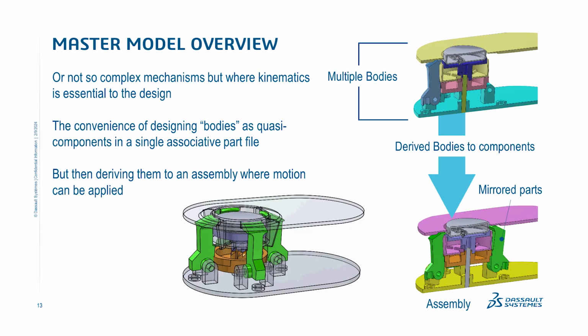I really love master model for complex mechanisms or dynamic mechanisms, where you have something very unique, not stock as far as parts, but you're creating a number of parts that want to move together to create a particular motion. And what's really valuable about master model is that you can do that in a single part file.